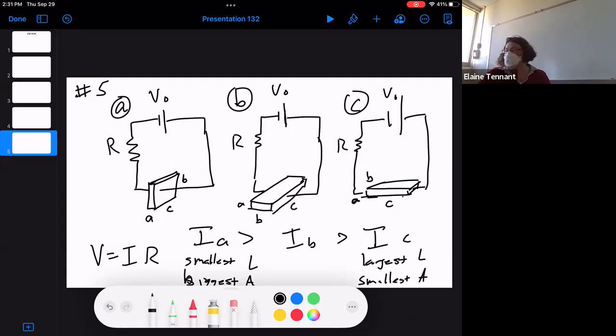I wanted you guys to see it's the same object, and just the geometry of how you approach it is going to change the way its resistance is. Everyone good here? So this one we're ranking the resistance from lowest to highest, and therefore the current from highest to lowest.